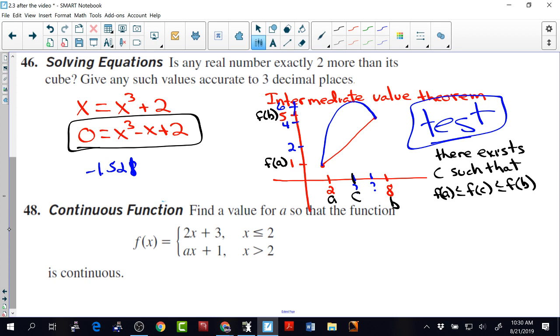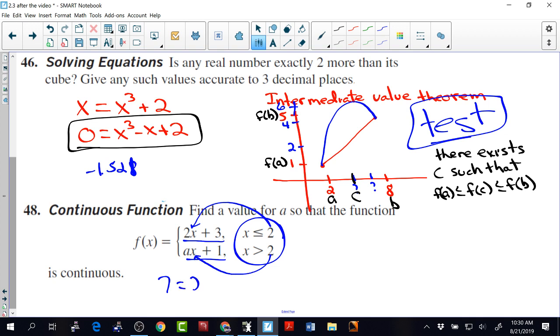Continuous function. Find a value for a so that the function is continuous. This is a line. This is a line. So the only place where there could be a discontinuity is at 2. That's the issue that we're looking at. So if I plug 2 in for this, we get 4 plus 3, we get 7. That better equal the same value when I plug 2 into there.